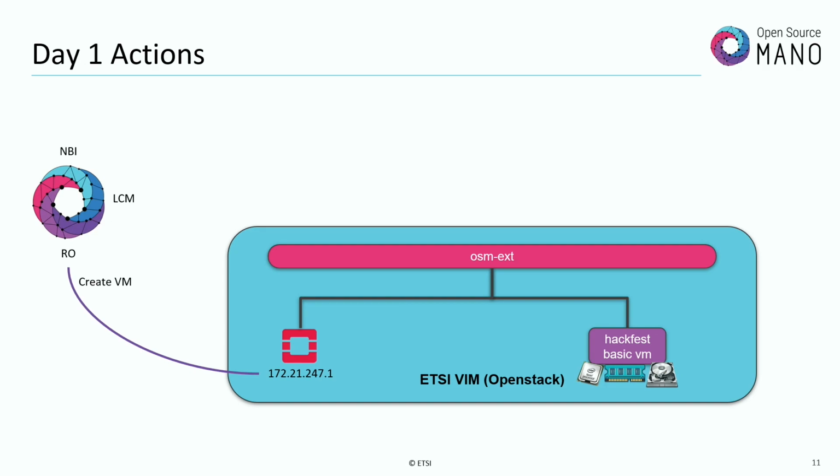Okay, so our day zero is done. The software is currently running, but I need to do some configuration in here, and it's not configuration that Cisco, Juniper, or whoever gave me that appliance scripted for me. So the LCM can create what we call an execution environment. This is like launching another VM.